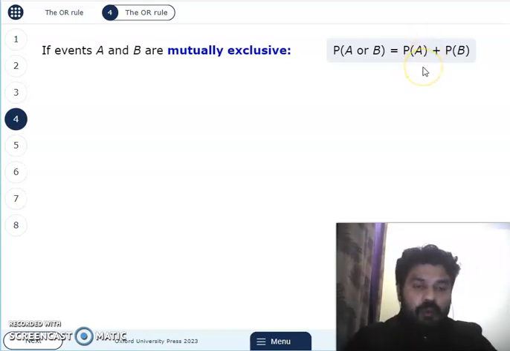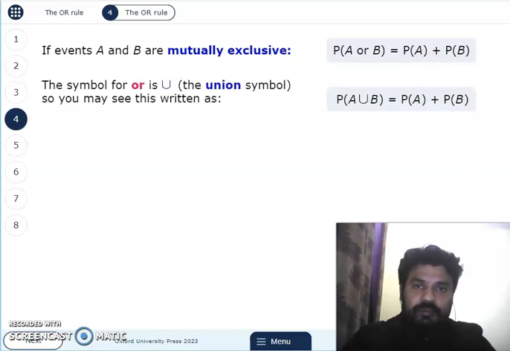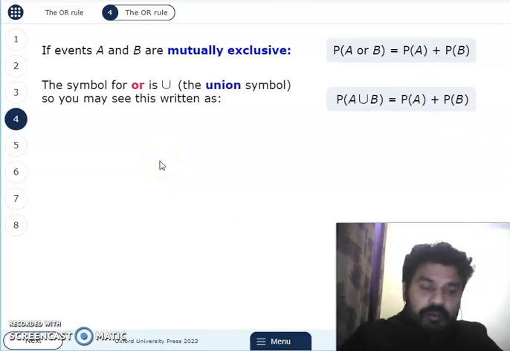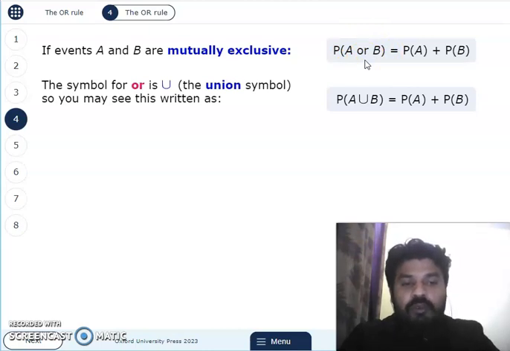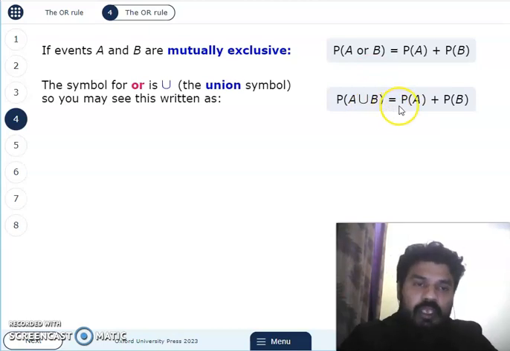That way 1 upon 2 plus 1 upon 6 gives 2 upon 3. The symbol for OR is union. If the events are mutually exclusive, then it is equal to the sum of both probabilities. So P(A union B) is equal to P(A) plus P(B).